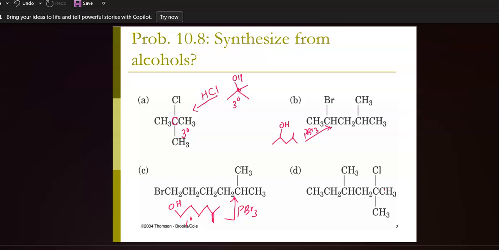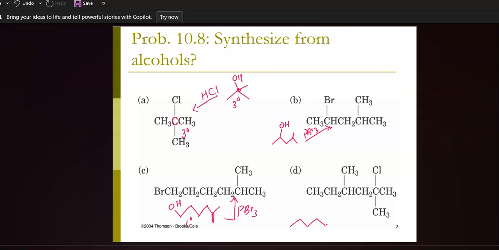And the last one here, we have a chlorine, and it's on a carbon atom that is actually a tertiary carbon atom, right? So the best way would be to take a tertiary alcohol. So 1, 2, 3, 4, 5, 6.